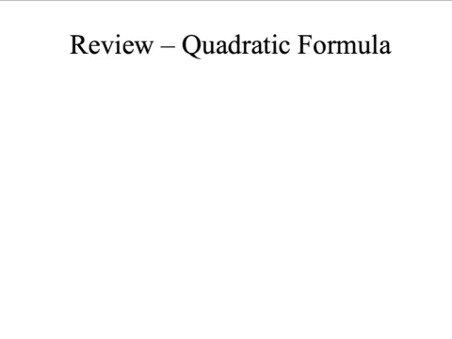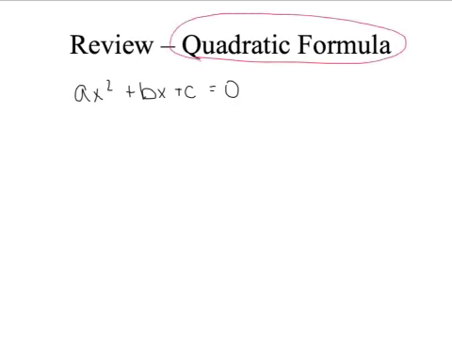First of all, if you have a quadratic in standard form, so ax squared plus bx plus c, and it has to be equal to 0, and you want to know how to solve that, one way is to use the quadratic formula.